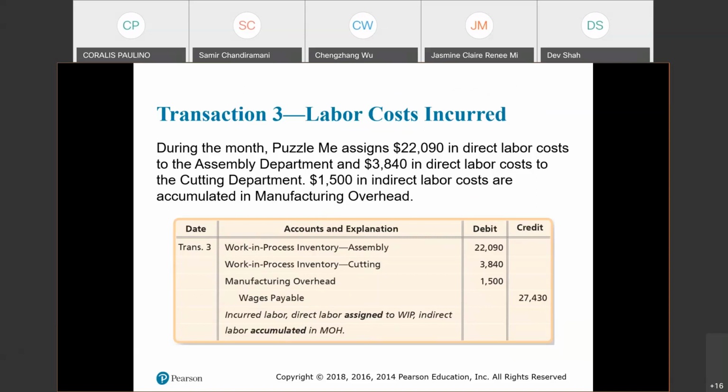So, similarly, we sum up these 3 numbers to credit wages payable and debit each one to separate accounts. For direct labor, we debit WIP inventory for each department, and for the indirect labor costs, we debit manufacturing overhead.